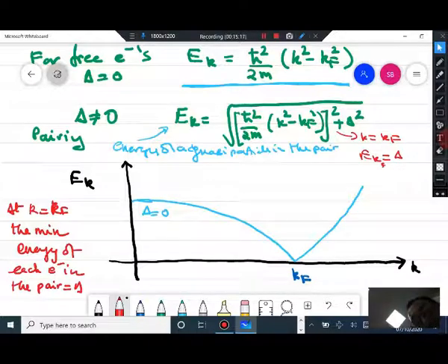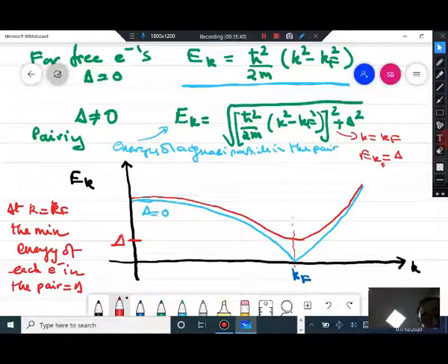So what you can show is that the dispersion relation almost follows this, asymptotically behaving like the free electron, but around kf the minimum energy is delta. This is the minimum energy.